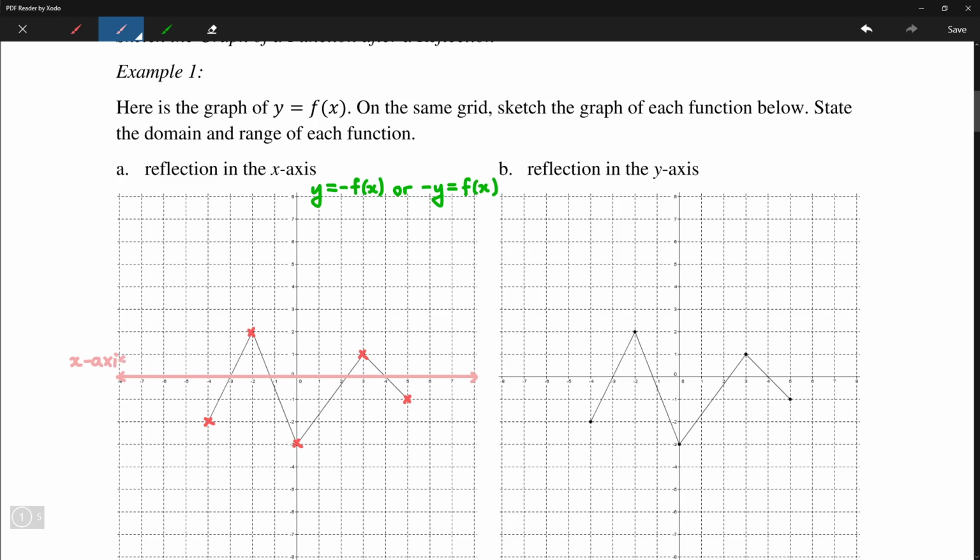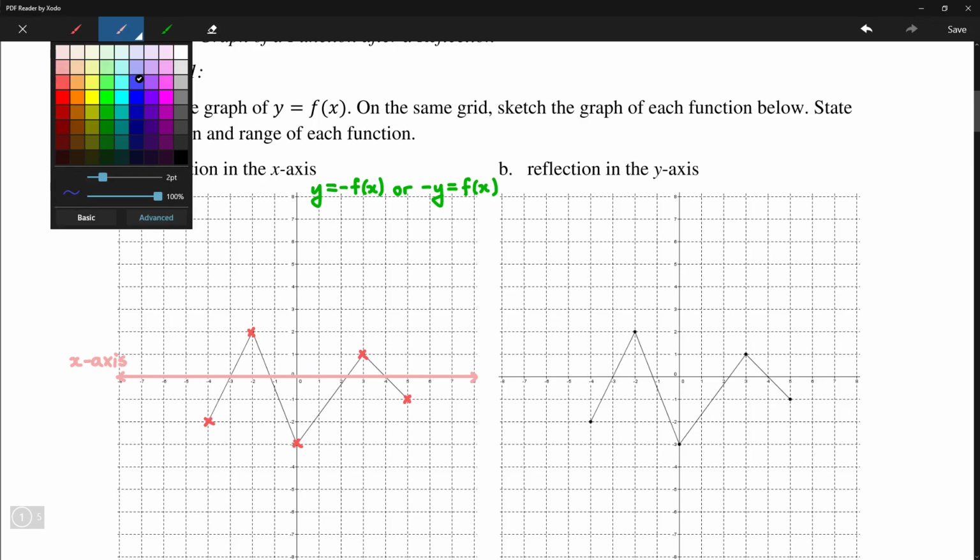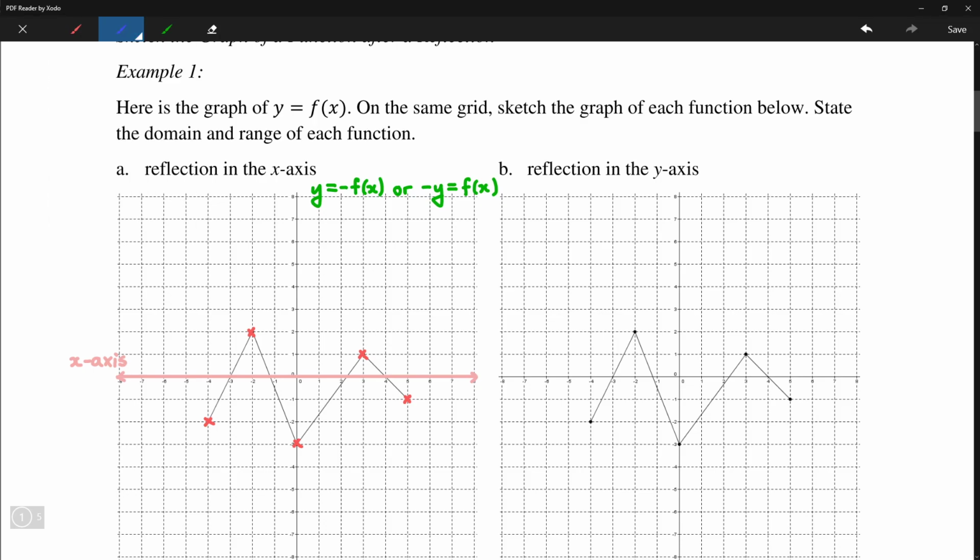So as the function may suggest, the y values become negative versions of themselves. And so the resulting graph would have these 5 points instead. So for example, instead of (-4, -2), the image would have (-4, 2) as one of its points.